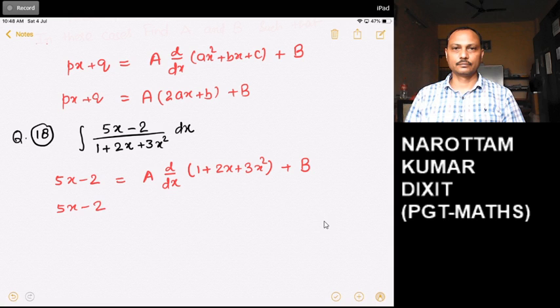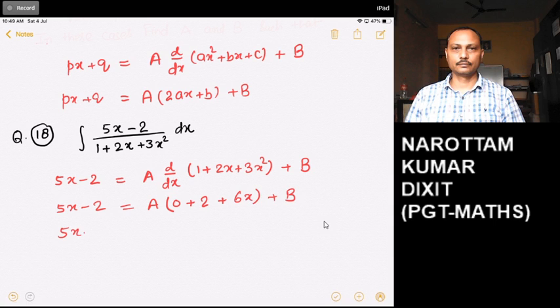So 5x minus 2 is equal to a times the derivative of 1 plus 2x plus 3x square. The derivative of 1 is 0, 2 times the derivative of x is 1, plus it is 6 times x, plus b.